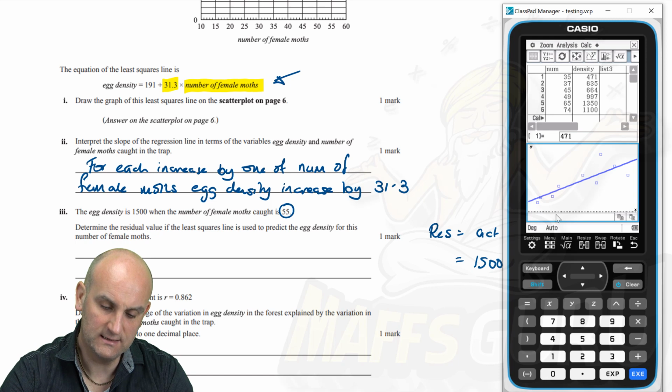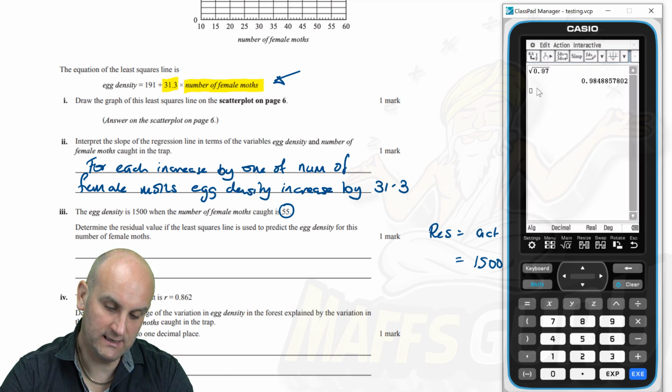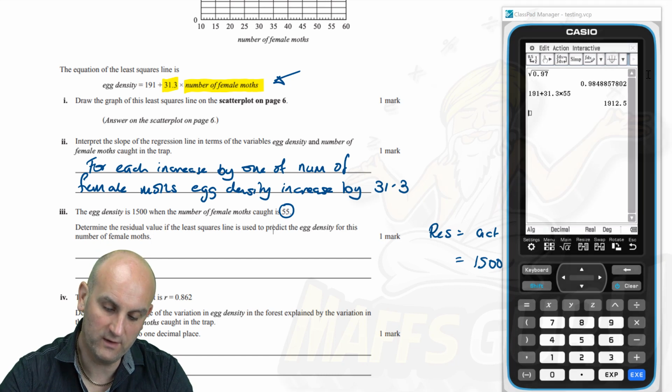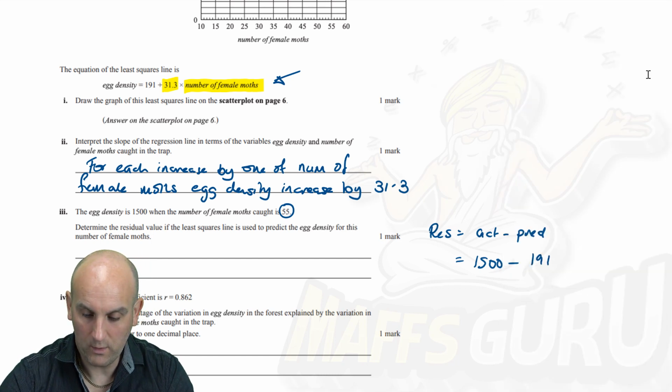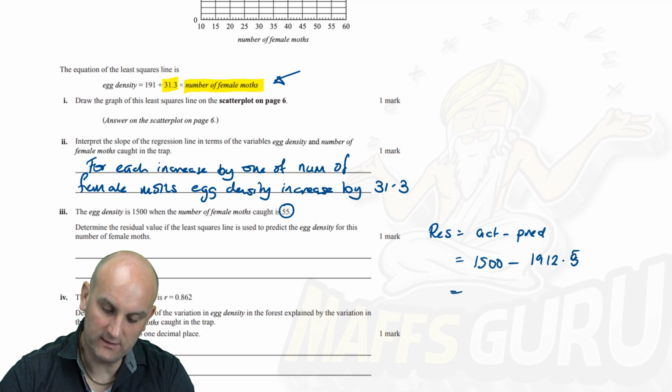Let's bring up my CAS. Let's go into my main screen, and we are going to do 191 added to 31.3 multiplied by 55, which gives me 1912.5. So we are going to subtract those.